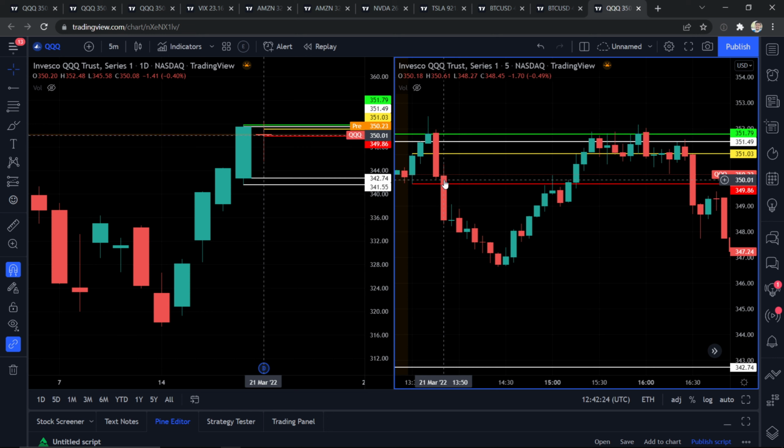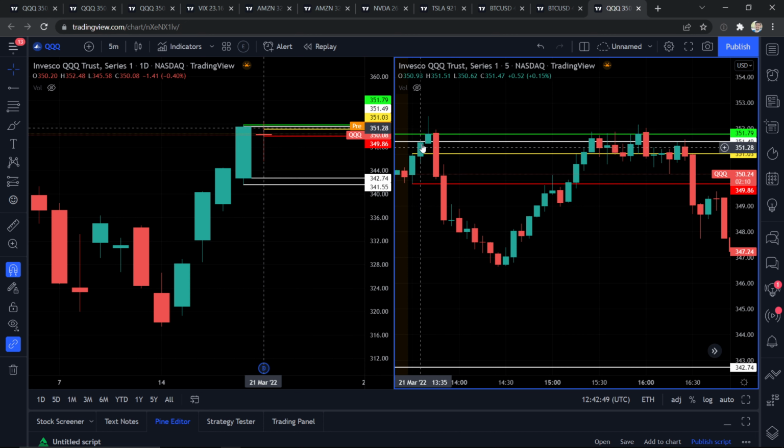I'm not going to talk about picking a strike price right now because you can do this with just shares, and you can apply this to any stock or currency or whatever. Okay, so essentially right here, as we are breaking the first 5-minute low, we know that the momentum is down in the short term. So this is the first 25 minutes of market open, right?